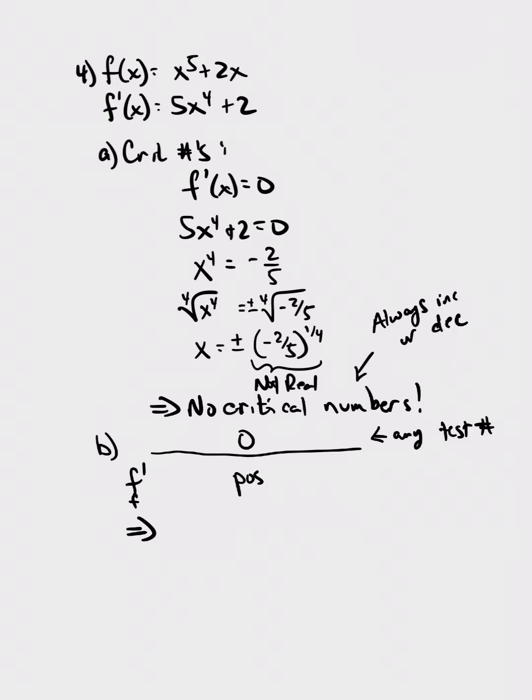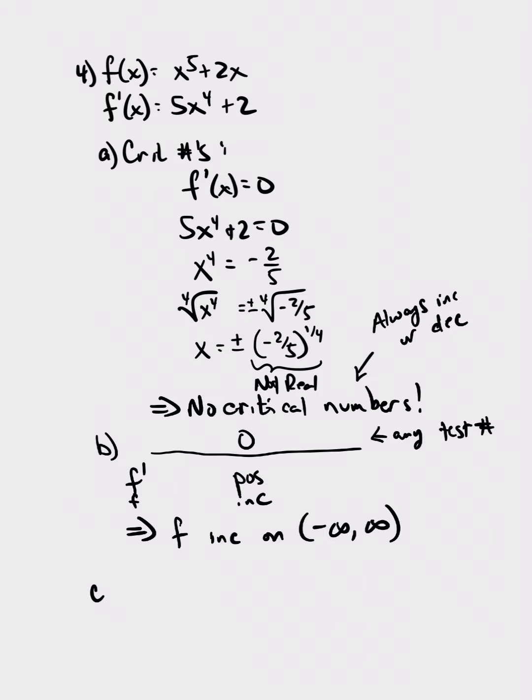So first of all, that positive means that f is increasing. So that means that f is increasing on what? Negative infinity to infinity. Whenever you don't have critical numbers, it's actually extra nice because you don't have anything to deal with.